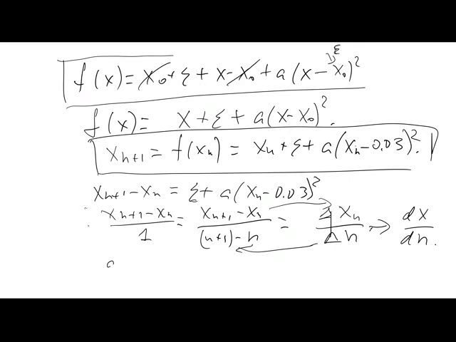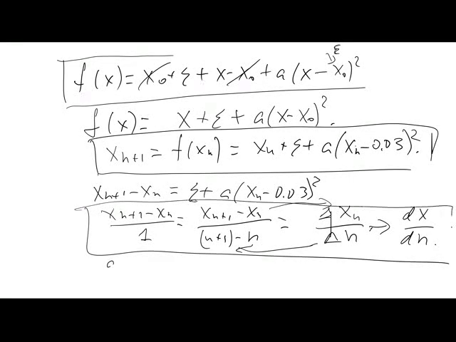So this is a difficult trick. I'm supposed to tell you about this, but it's not very convincing. But this trick you're supposed to use in this problem: dx over dn. You need to use this trick to find how x changes with n. Dx over dn now is epsilon plus a times x minus 0.03 squared.